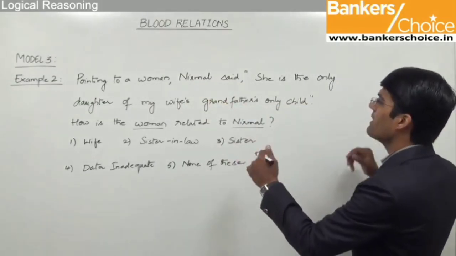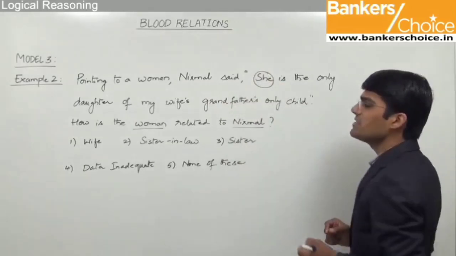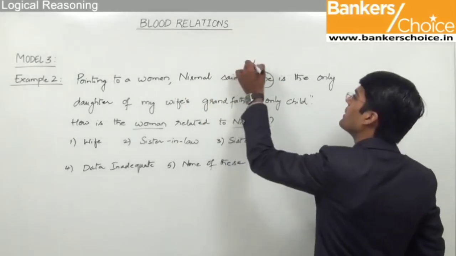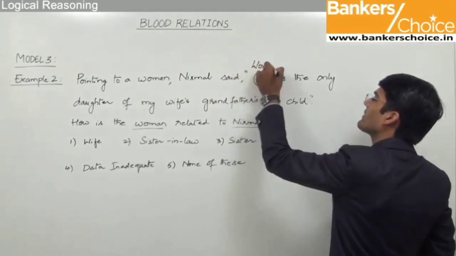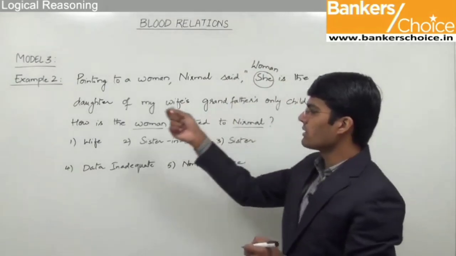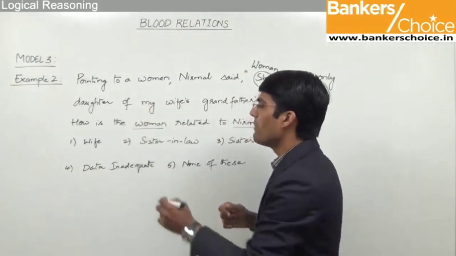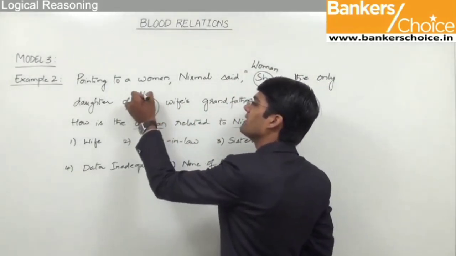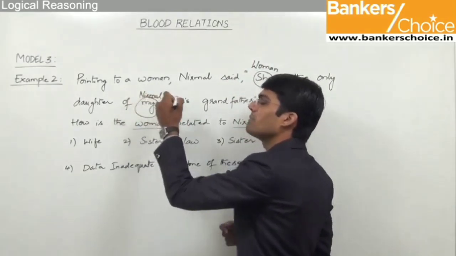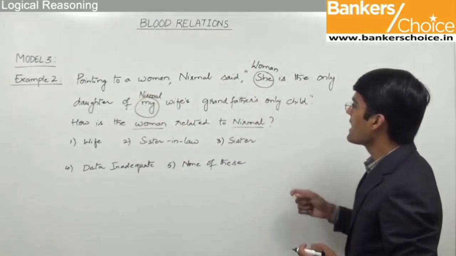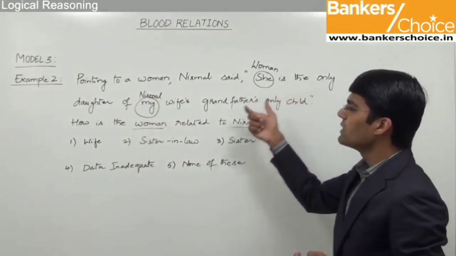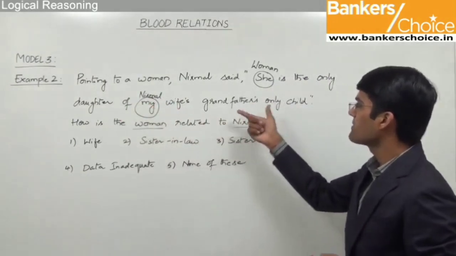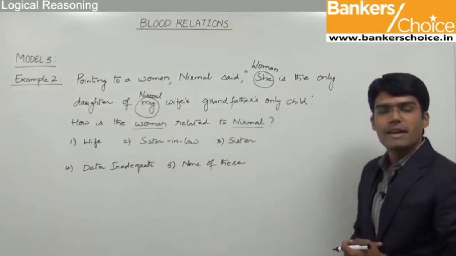So from this statement, we can understand that the person she is nothing but the woman Nirmal is talking about. So the woman is the only daughter of my. This my is nothing but the person Nirmal, as Nirmal is saying the statement. So we can now say that the woman is the only daughter of Nirmal's wife's grandfather's only child.